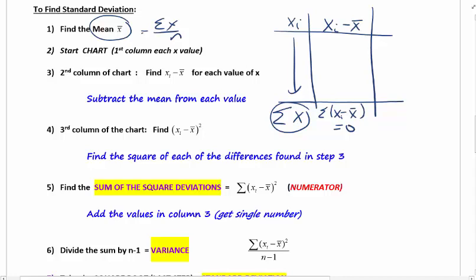That's a good check. The last column in our chart we're going to do is we're going to square each one of those values. That is actually my numerator. So the sum of the xi minus x bar squared is actually, again, my numerator.